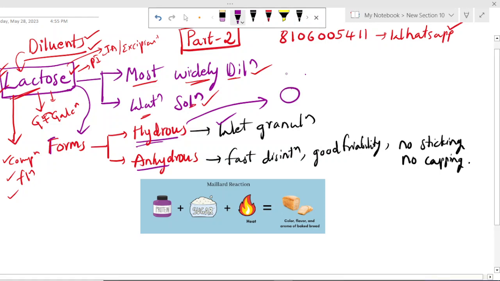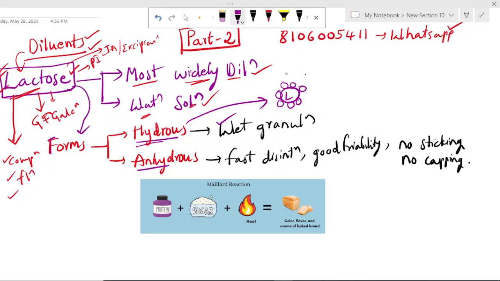Hydrous means water. For example, consider this is the lactose. Hydrous means water molecules around it. This is what we call hydrous. Anhydrous means without water. The name itself suggests it refers to lactose that doesn't contain any water molecule. That is what we call anhydrous.